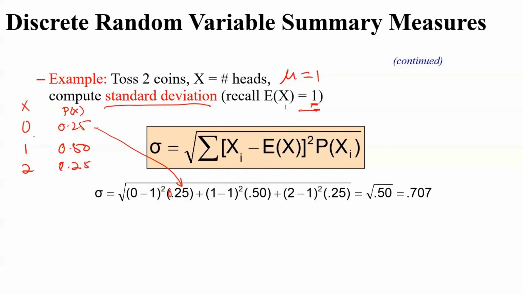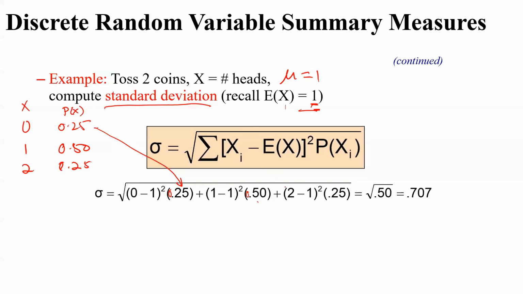Plus 1 minus 1, the expected mean, whole squared, multiplied by 0.5, the probability when x is 1.